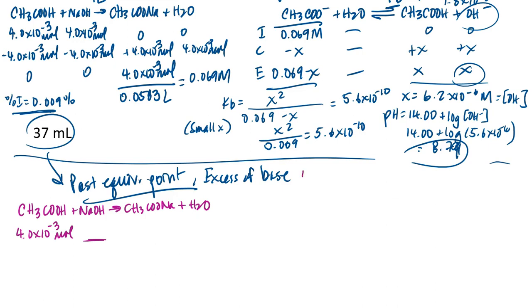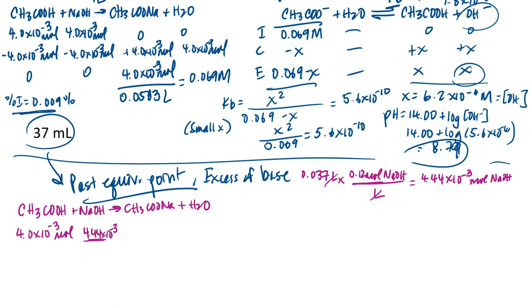And so I would need to multiply the 37 milliliters converted to liters of the 0.12 molar sodium hydroxide. And if I go ahead and do that math, I end up with 4.44 times 10 to the negative third. And so this would be my number of moles of sodium hydroxide added.